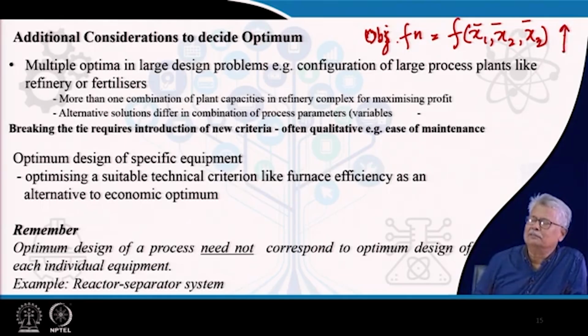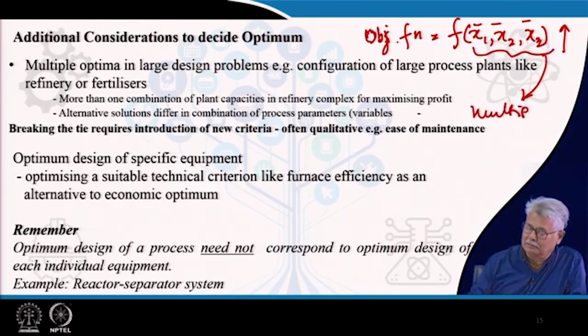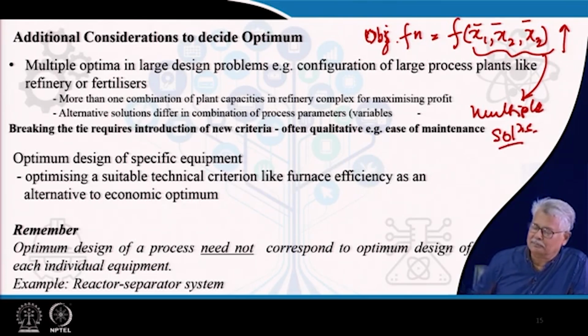Now, we need to appreciate one more thing. When we have a large number of variables and a large number of constraining equations and inequations, you will always have multiple solutions. Now, what does this multiple solution mean?